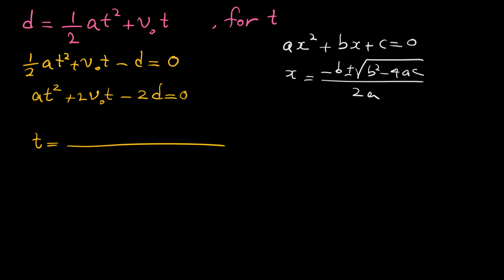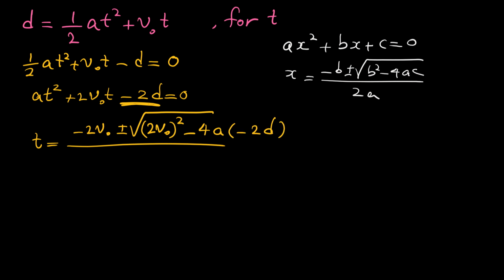So negative b is negative 2v0 plus minus radical b to the 2, or 2v0 to the power of 2, minus 4 times a, which is a here, times c, which is this expression, negative 2d, all over 2a. 2 times this, 2a. This is the answer for t, for the time.